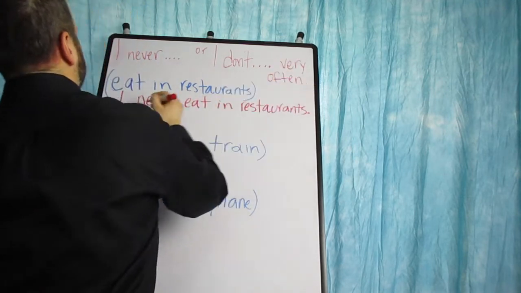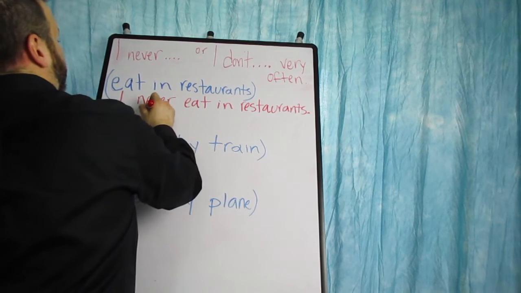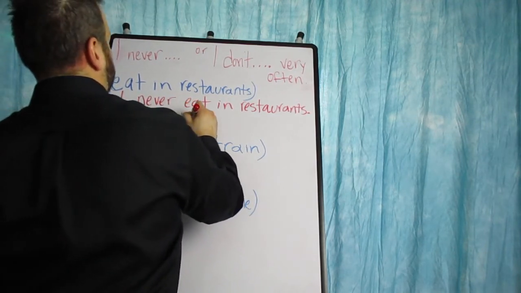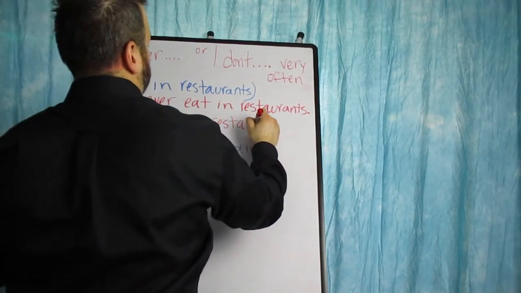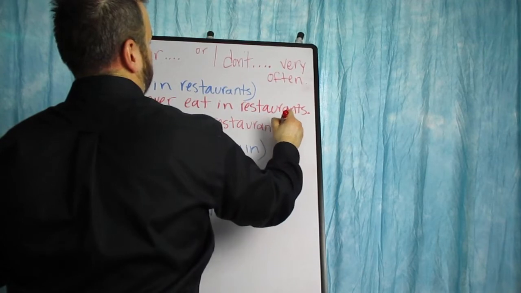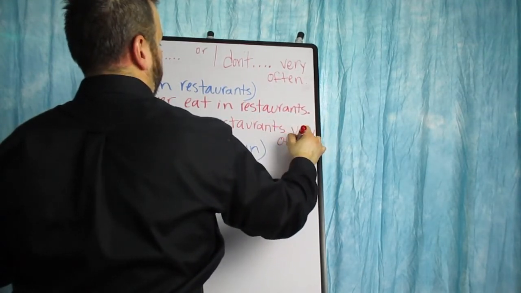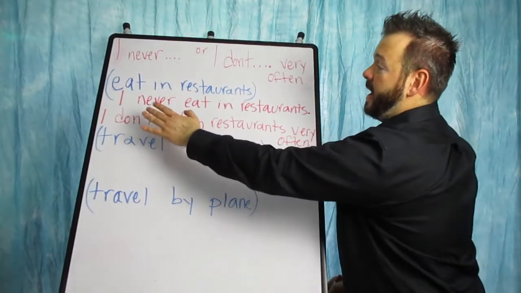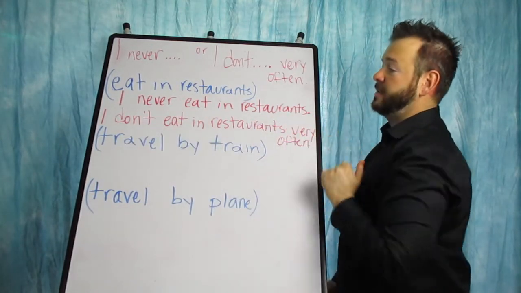And then I don't, so I don't eat in restaurants very often. Okay, so eat in restaurants is I never eat in restaurants, and I don't eat in restaurants very often.